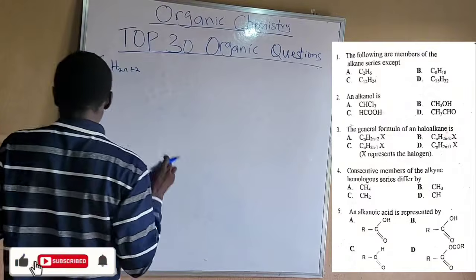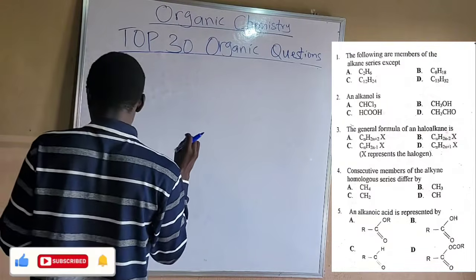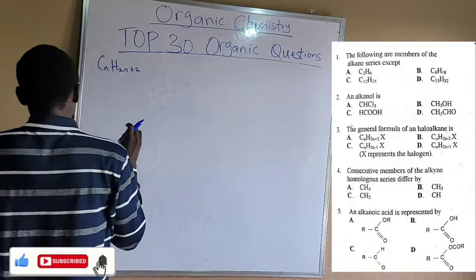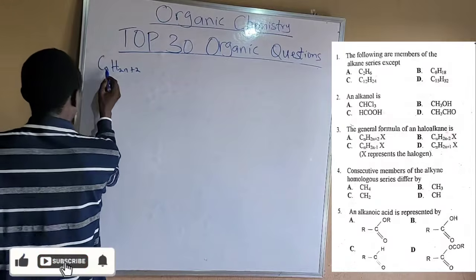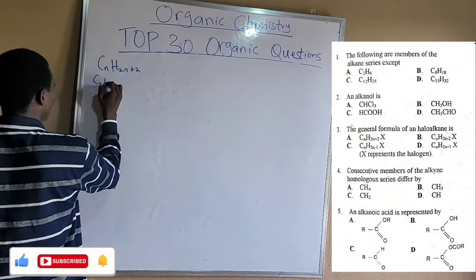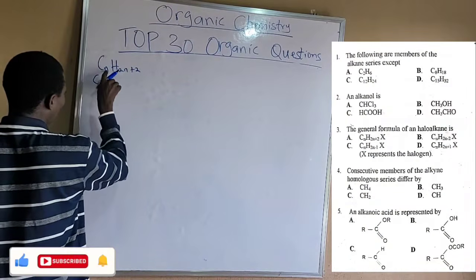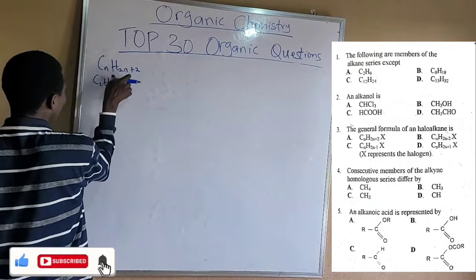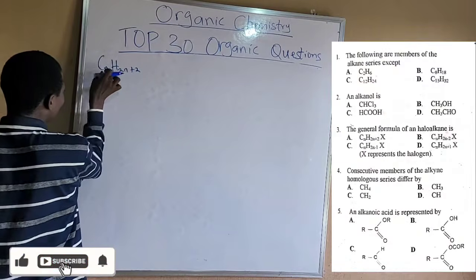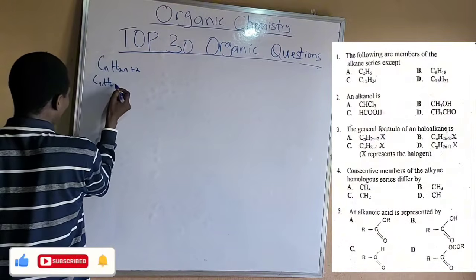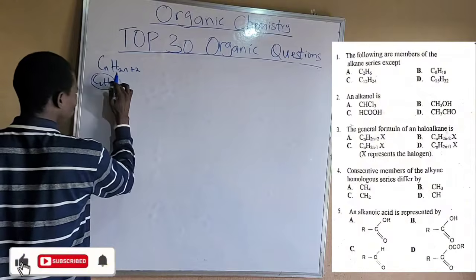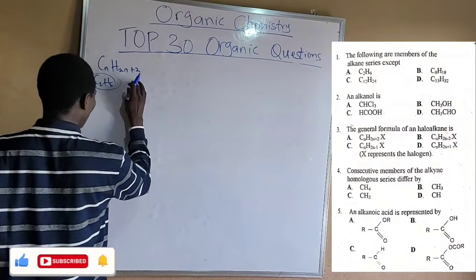Now let's look at option A. We want to identify the one that does not belong to the members. Option A is C2H6. Our n here represents the number of carbons. So let's substitute this inside it. If you substitute n and you arrive at this formula, this shows that it is a member of alkane.